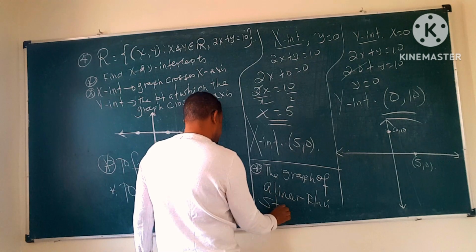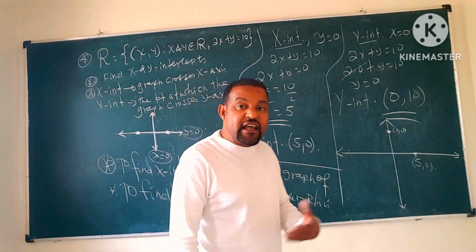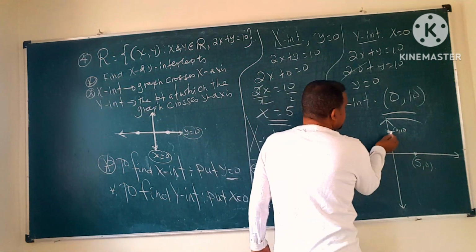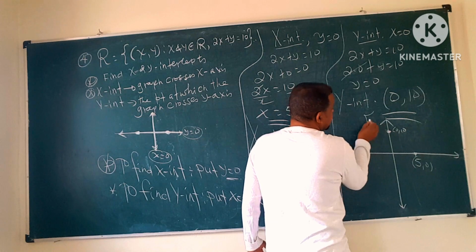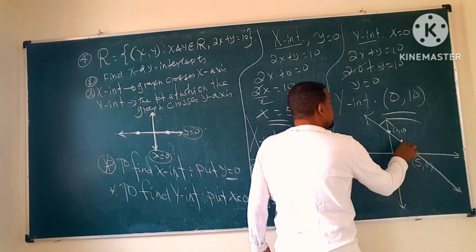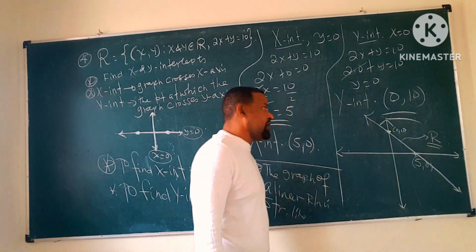Straight line. Okay? Straight line. So the graph of a linear relation is a straight line only. ስለዚህ straight line ስለሆነ ግድ ሁለቱን ማገናኘት ስላለበት ግራፋችን እንደዚህ አይነት ግራፍ ነው። This is the graph. So this is the graph of what? Our relation. This is the graph of our relation.